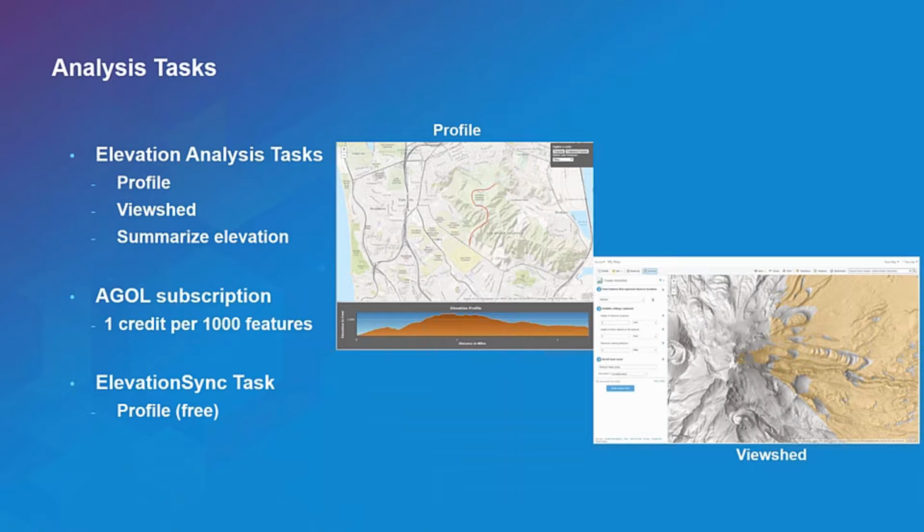These tasks require an AGOL subscription and consume 1 credit per 1,000 features. For example, if you input 1,000 points or polygons, you will be charged 1 credit. There is, however, a profile tool available as a free version also, which has a limit of 100 features.